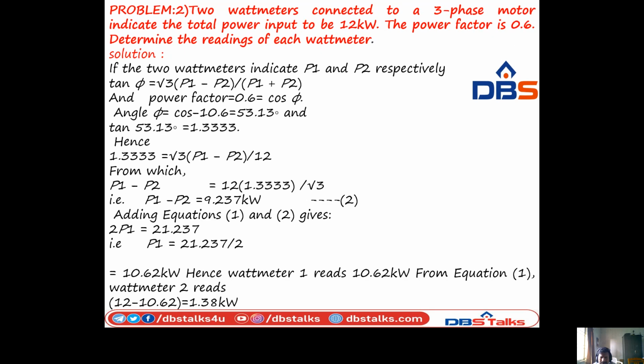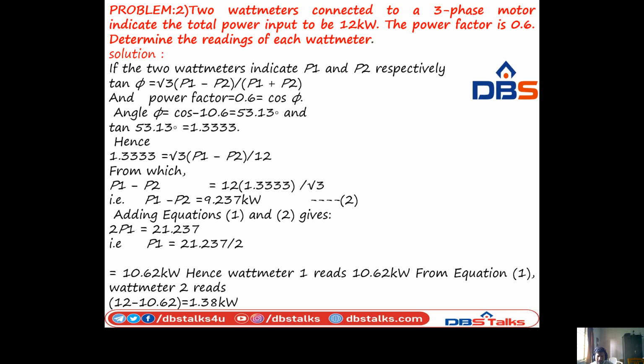Another problem: 2-watt meters connected to a three-phase motor indicate the total power input to be 12 kilowatts. The power factor is 0.6. Determine the readings of each wattmeter. In the previous slide they gave the 2-watt meter readings P1, P2, and then we determined total power and power factor.